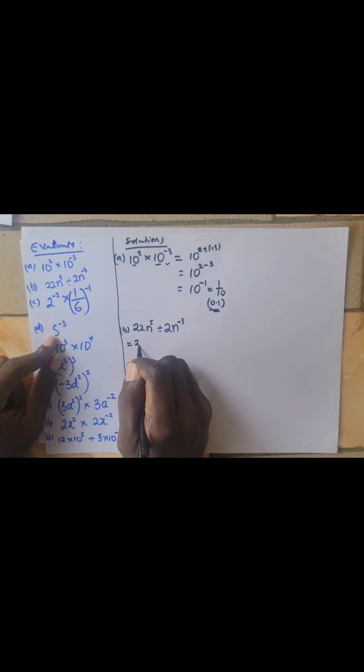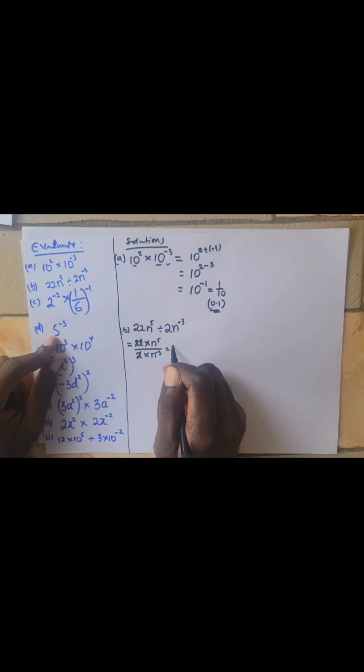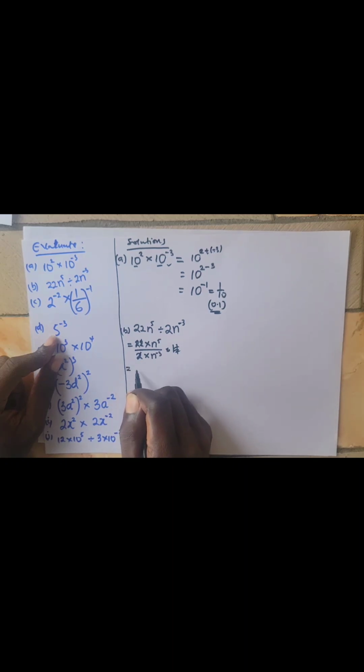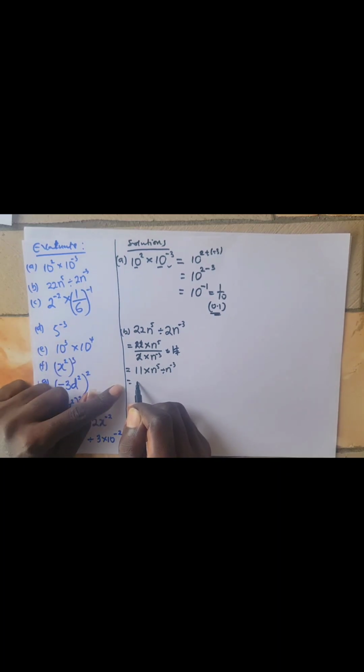So what is 22 times n raised to the power 5 all over 2 times n raised to the power minus 3. First of all, 2 can divide 22 here to give you 11, right? Let me write it down. This is 11 times n raised to the power of 5 divided by n raised to the power minus 3.